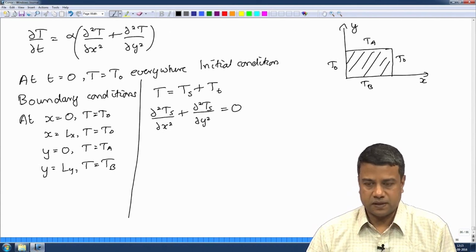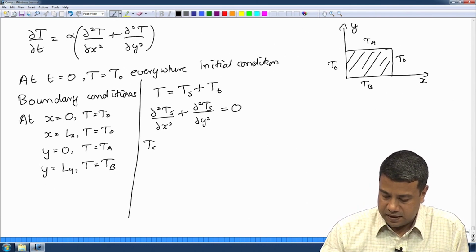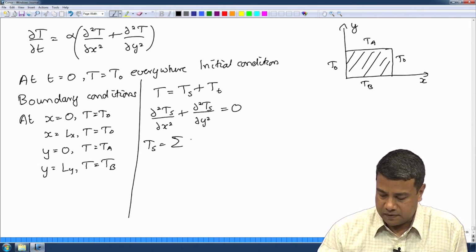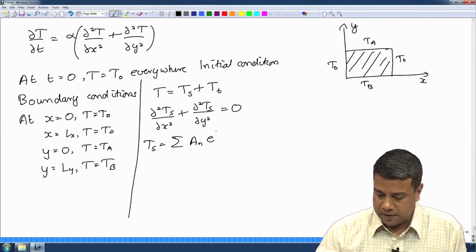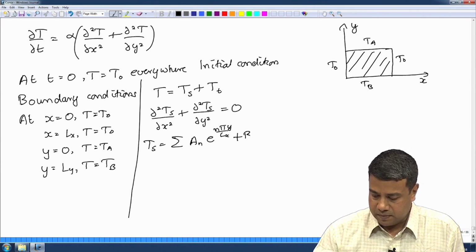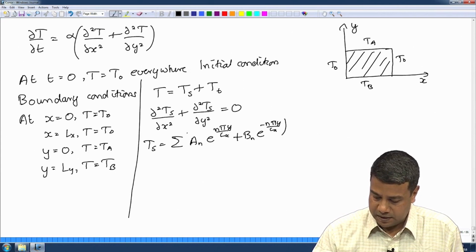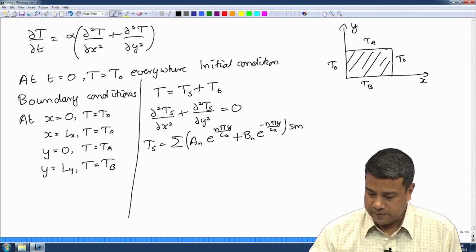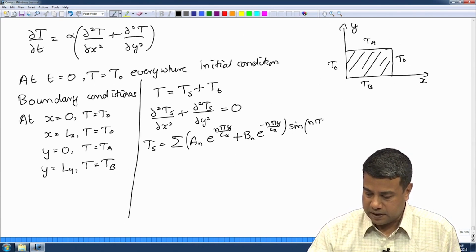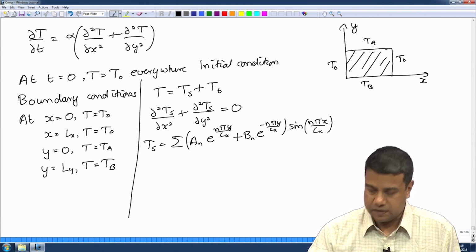Okay, we just solved this equation to get the steady part as summation of An e power n pi y by Lx plus Bn e power minus n pi y by Lx, okay, into sine of n pi x by Lx.